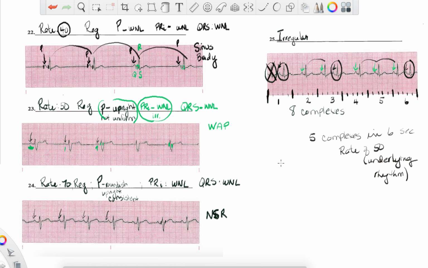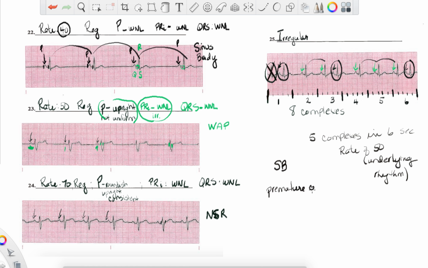So that means it's a sinus Brady. Yes? And then when we look at these premature complexes, we know that they're early, and because they have pointed P waves, let's write that out.